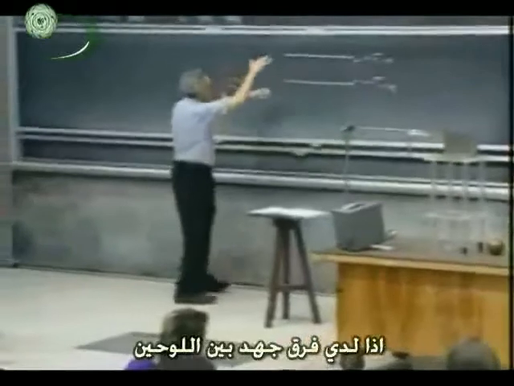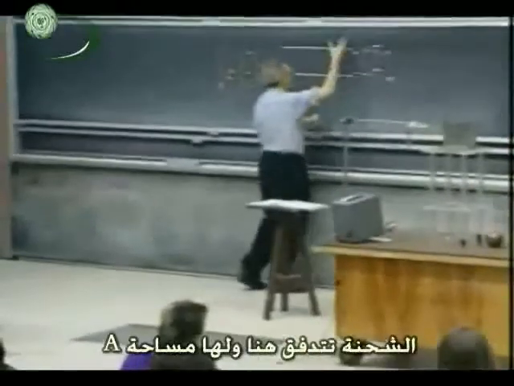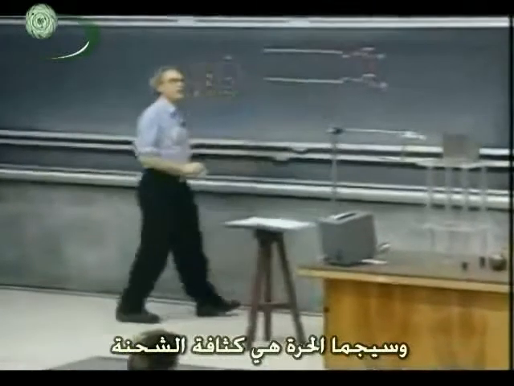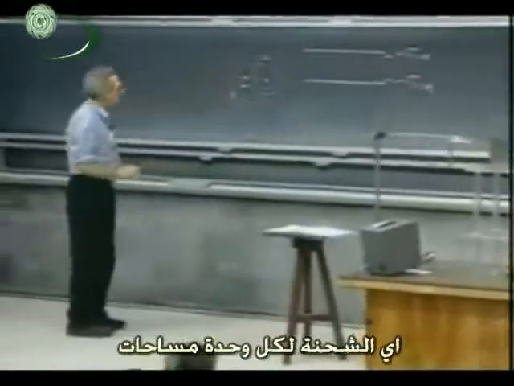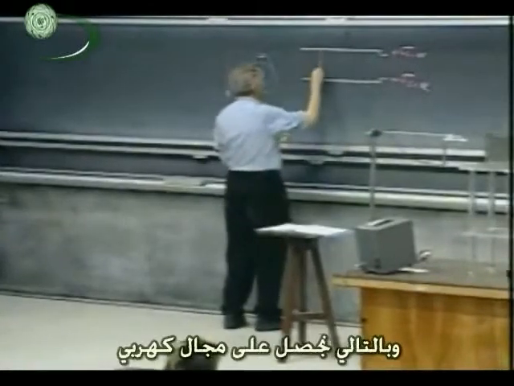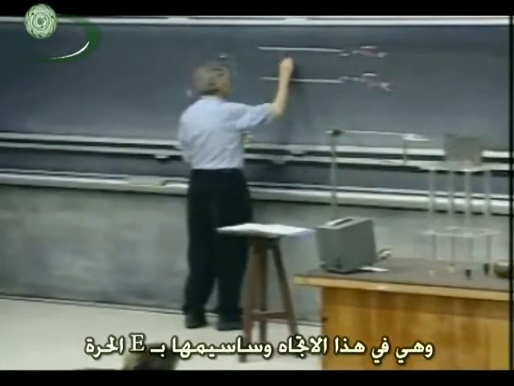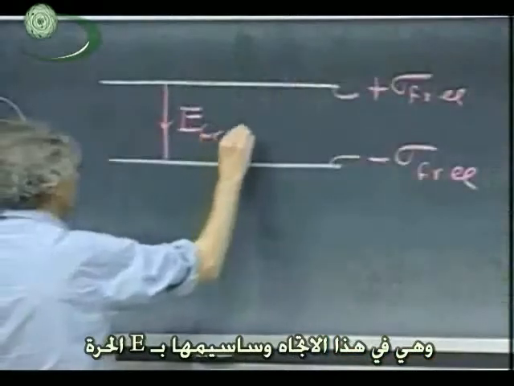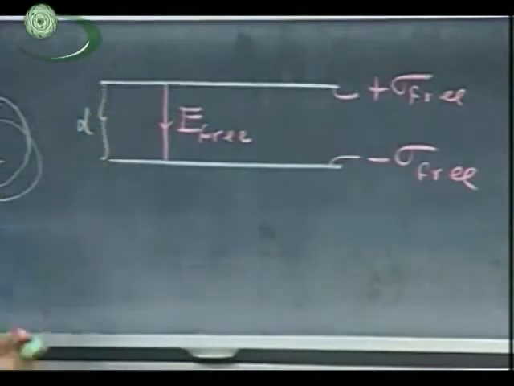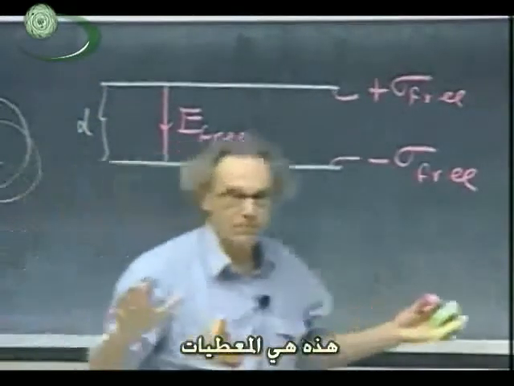So there's a potential difference between the plates, charge flows on there, it has an area A, and sigma free is the charge density, how much charge per unit area. So we're going to get an electric field which runs in this direction, and I call that E free. And the distance between the plates, say, is D. So this is a given.